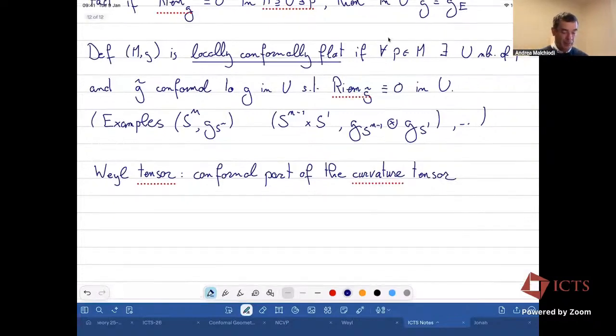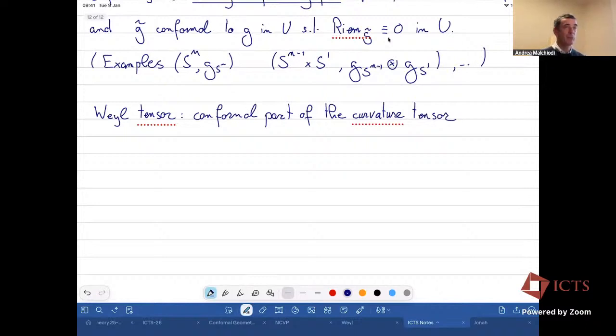Okay. Probably I don't have time to write it down, but there are more details in the notes, and you can certainly find many details either in textbooks or even on the internet. So it's denoted by W_g, this Weyl tensor, and it transforms nicely when you change conformally the metric, just as the conformal Laplacian does.